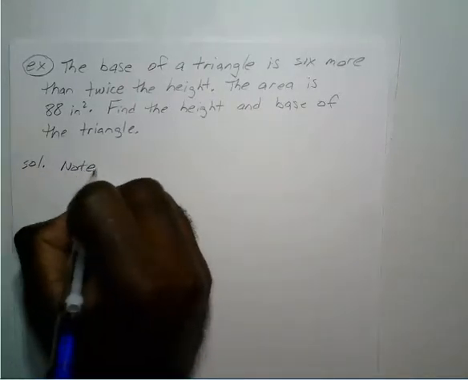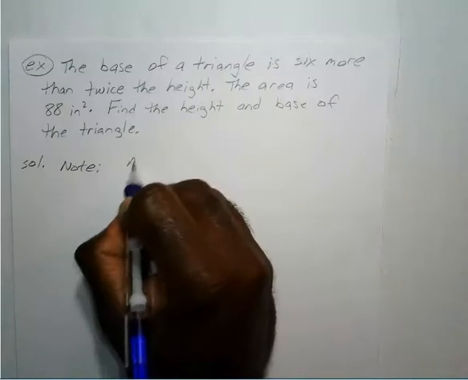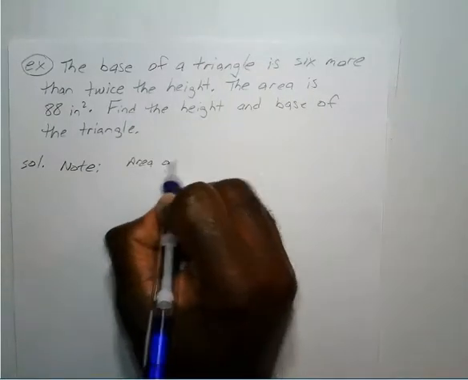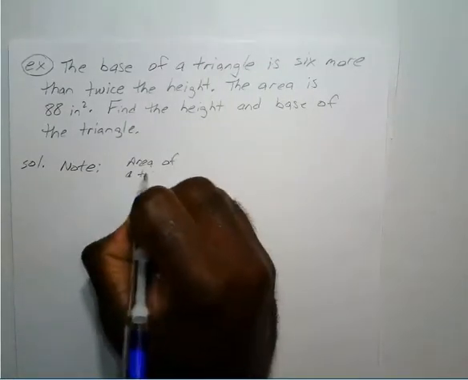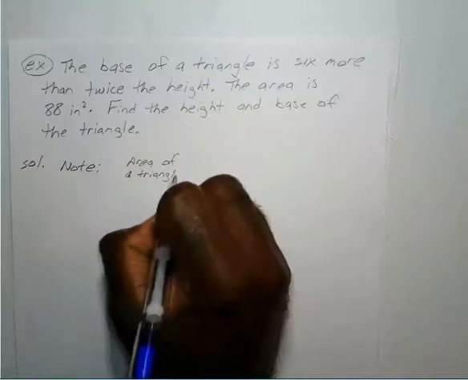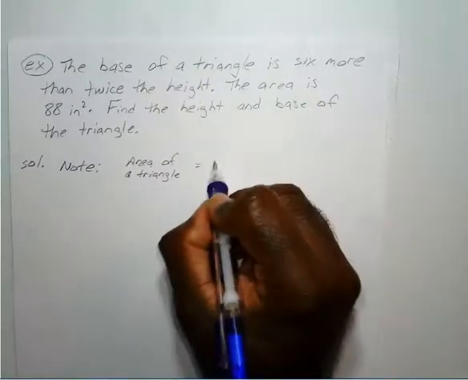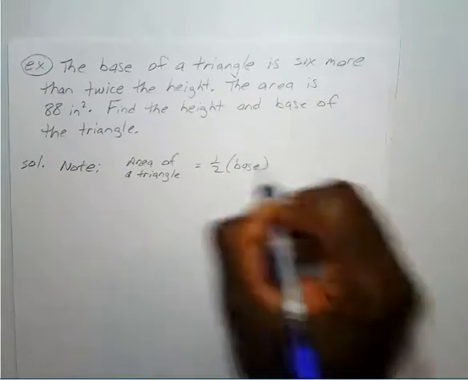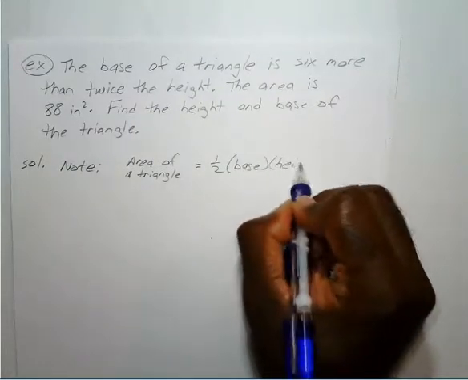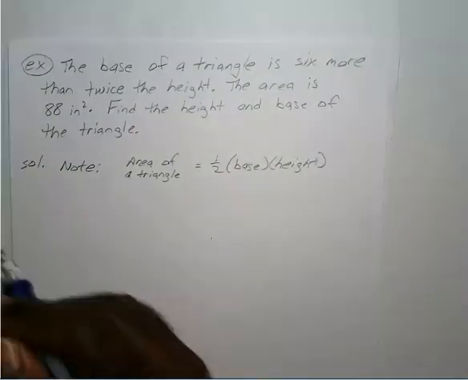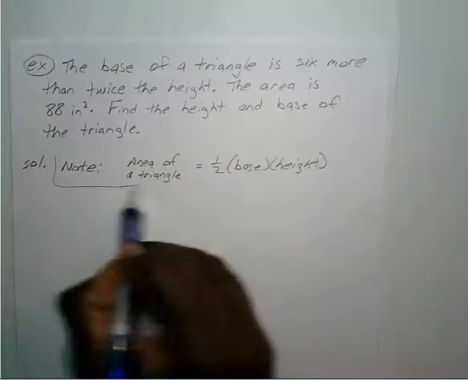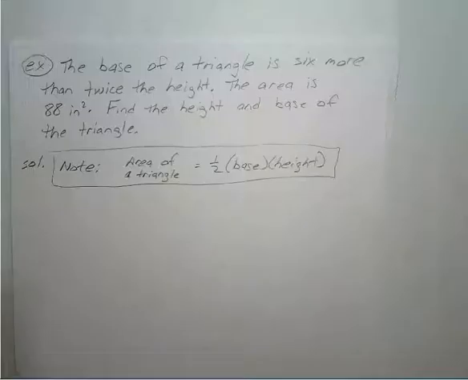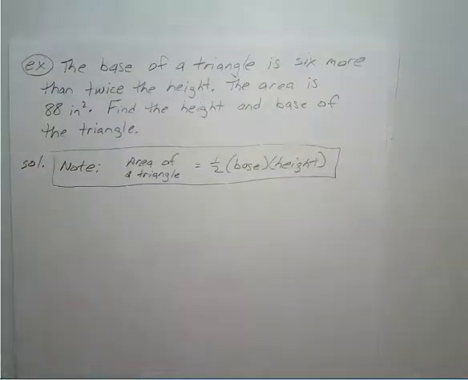So, quick note, the area of a triangle is equal to 1/2 times the base times the height. Okay, so that's the formula for the area of a triangle.